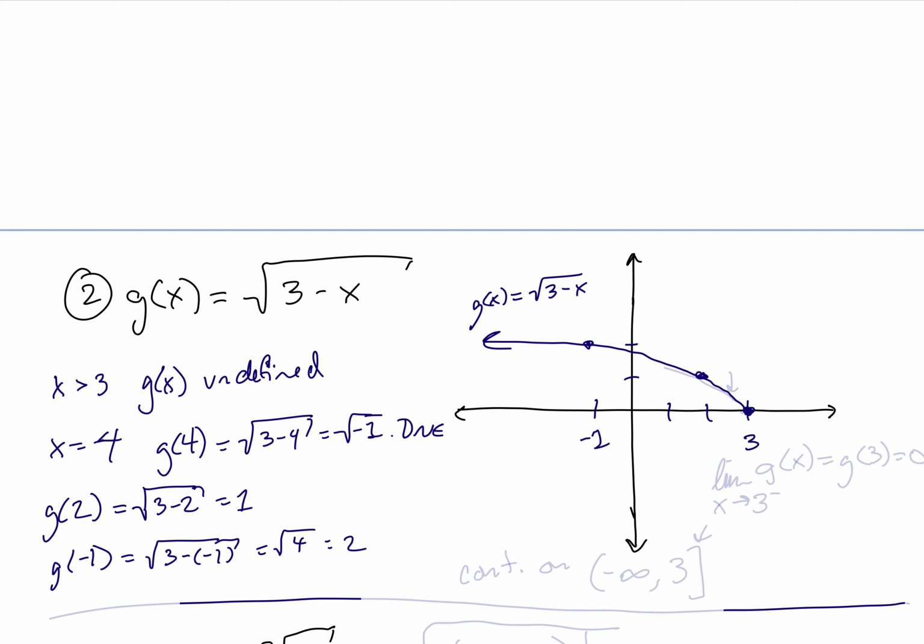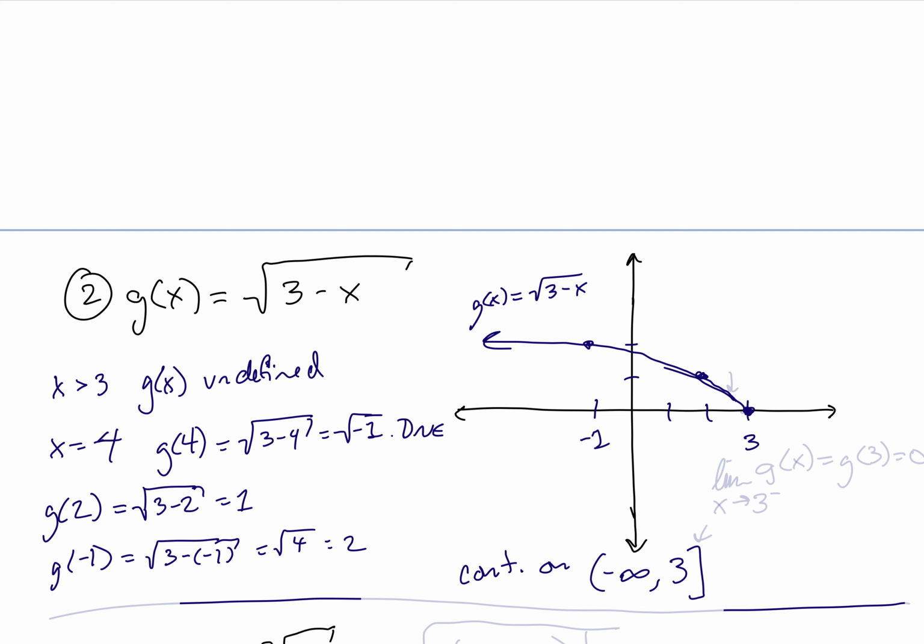And what do we see? We see that this is continuous on the interval from negative infinity up to positive 3, because we could draw all of this without lifting our pencil. And so that means it's continuous from negative infinity up to 3 open interval.